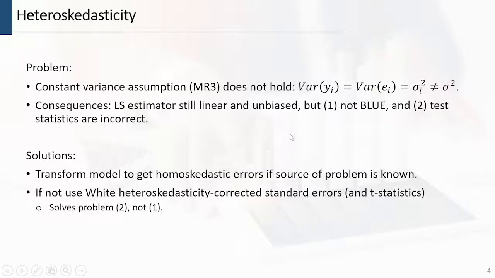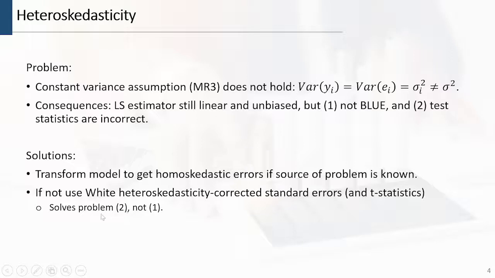Okay, and if you want to address the problem of heteroscedasticity, there are mainly two ways you can go. First, you can transform the model to get homoscedastic errors if the source of the problem is known. In this case, you can do this via weighted least square.